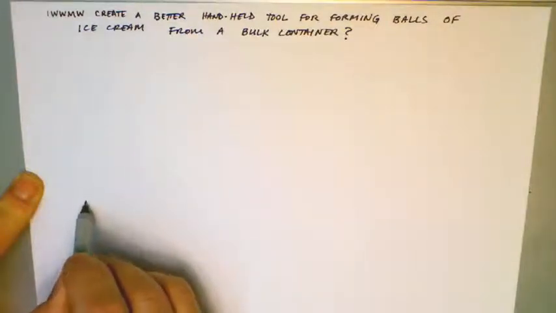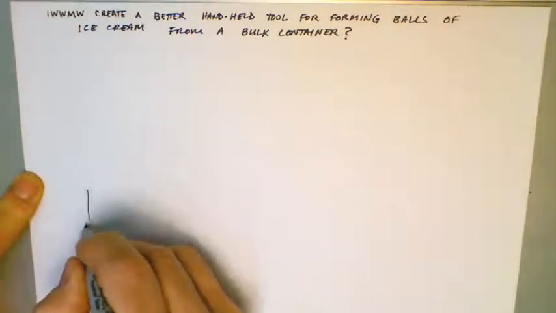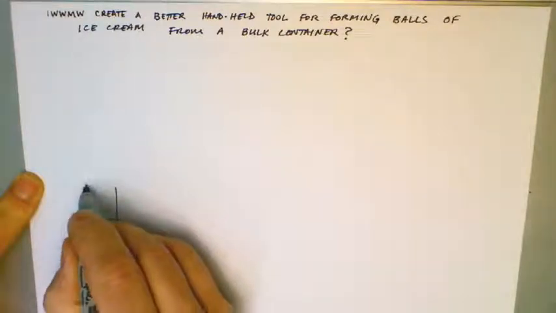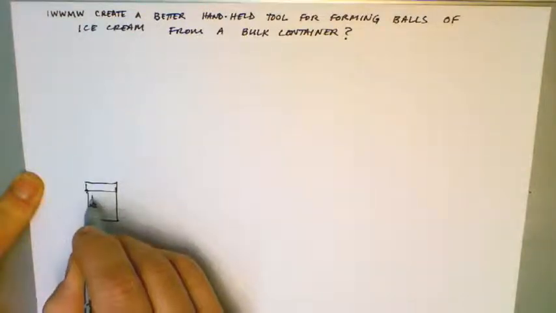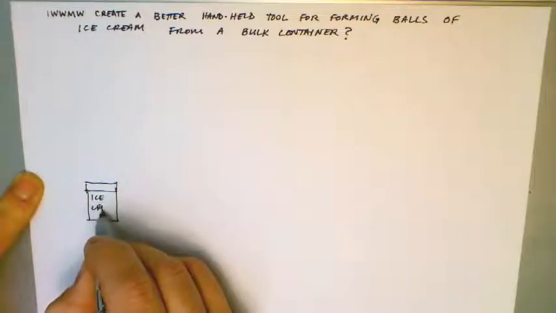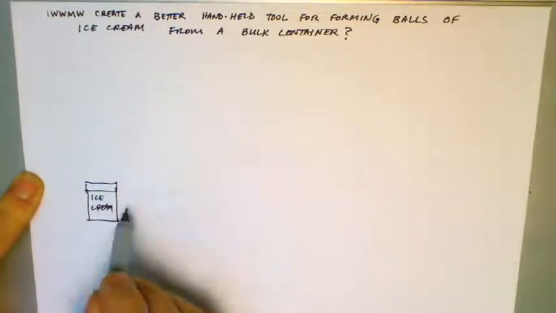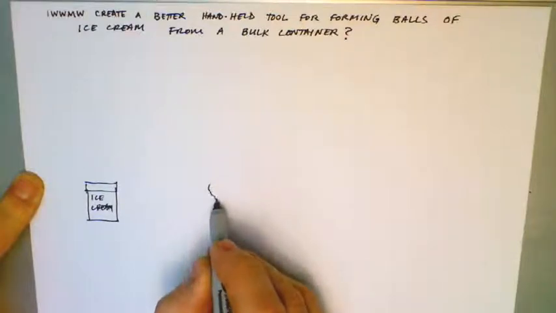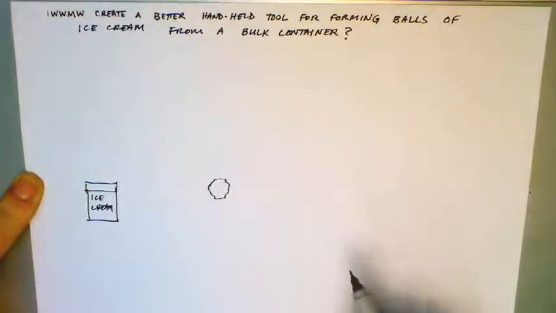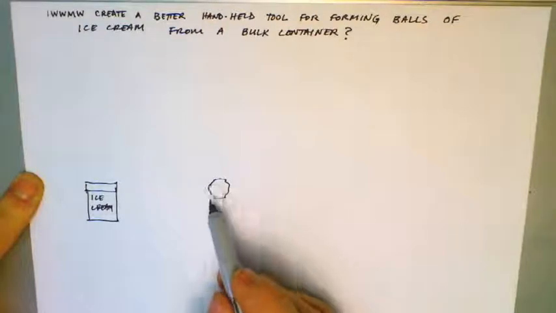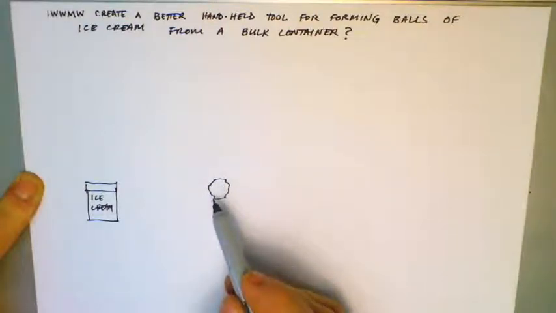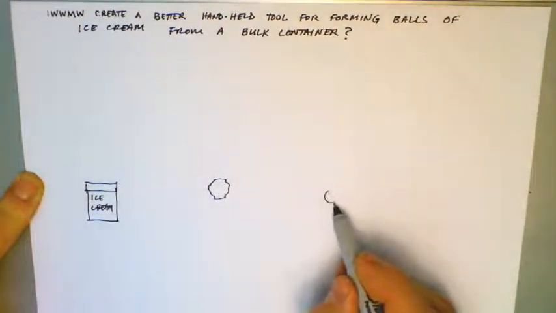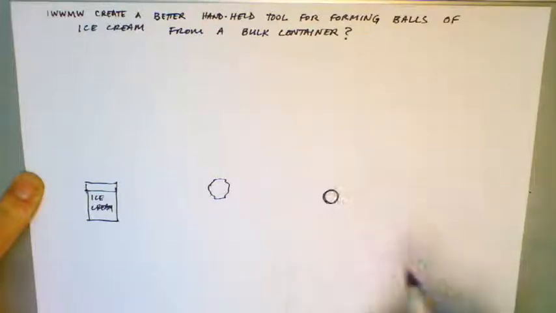So let's imagine we have the bulk container, which has the ice cream, and then we can imagine dividing some element of that, some portion of that bulk, and then we could imagine forming that portion into a ball.